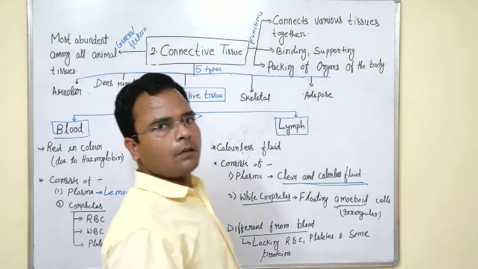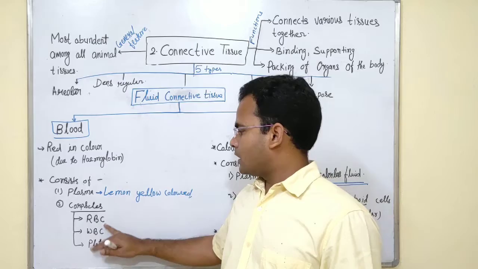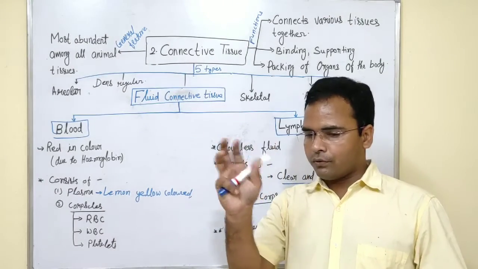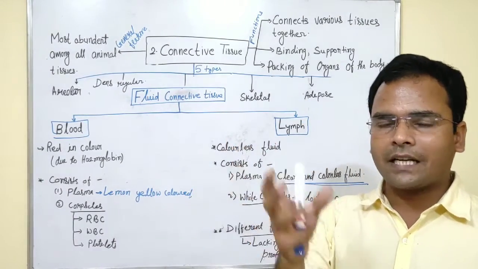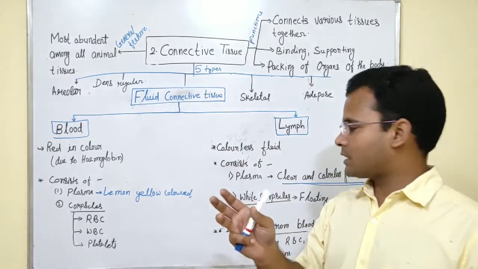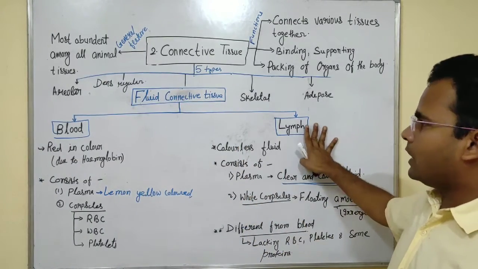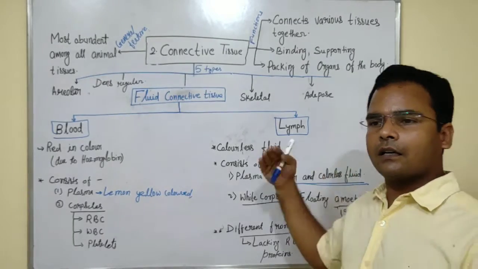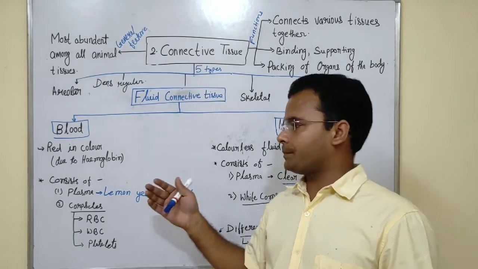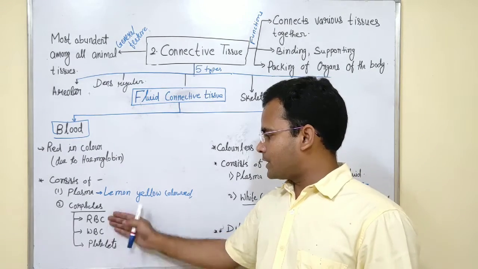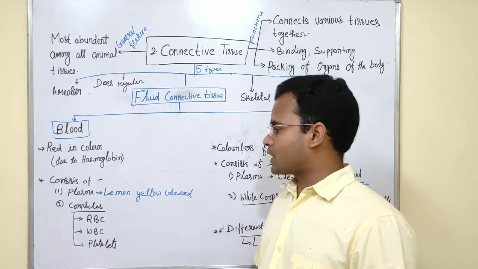Out of these three, in lymph the WBCs are present, floating as amoeboid, irregular structures. All components are not present there. They help in protection. The other parts, RBC and platelets, have their separate roles.